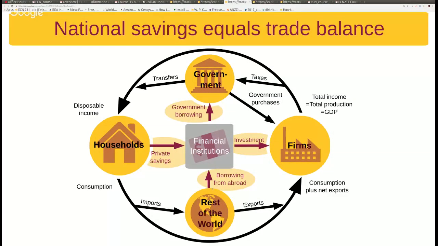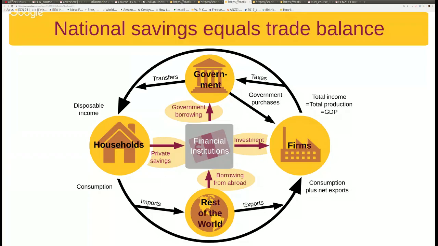So we have to run a bigger trade deficit. So a policy that leaves private savings and investment effectively unchanged, but increases the government deficit and tries to lower the trade deficit, is a policy that's effectively not possible. That's simply, from an accounting point of view, not possible.